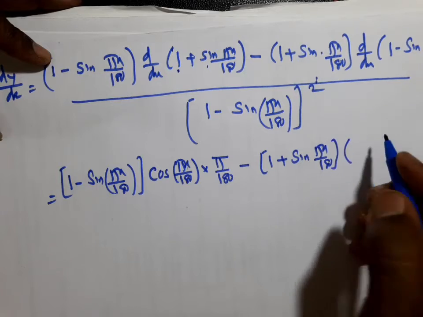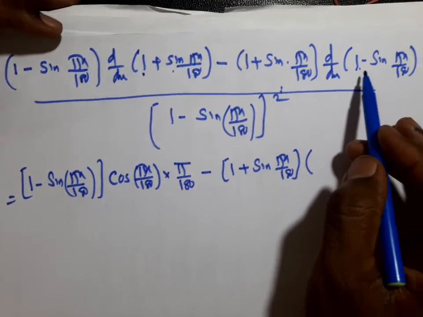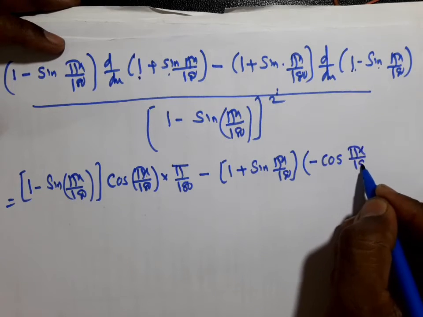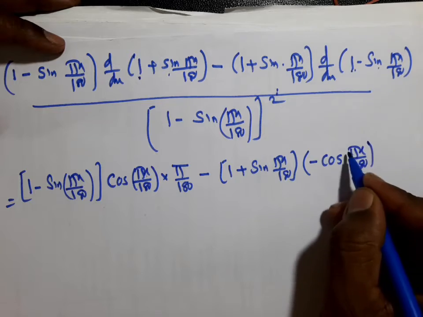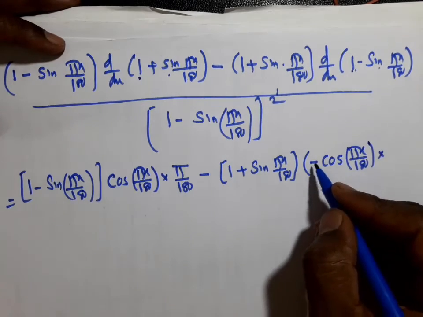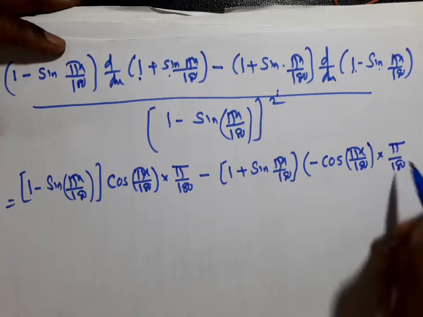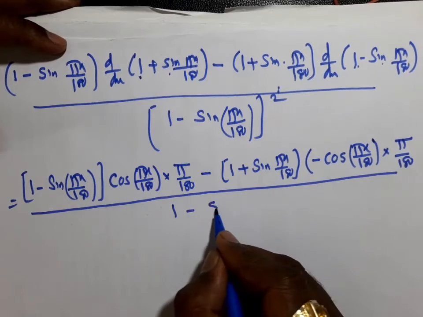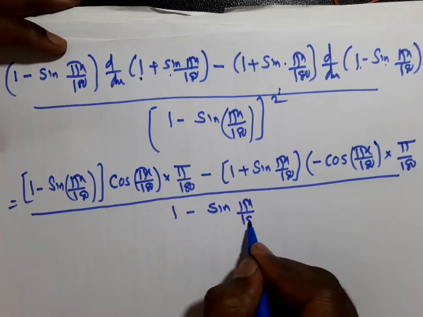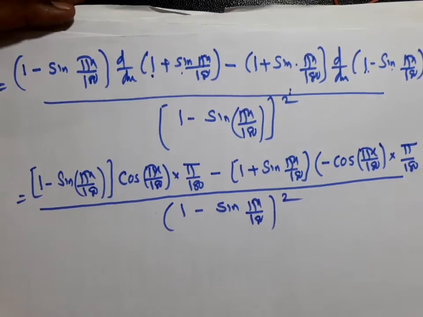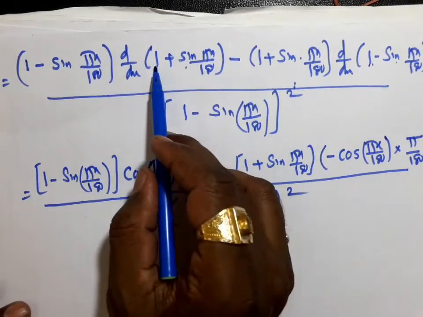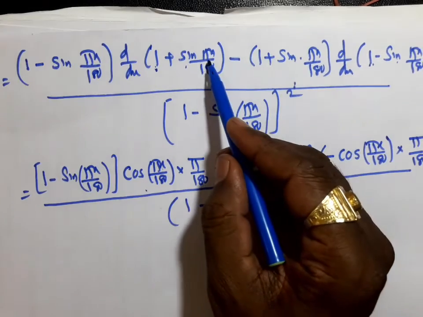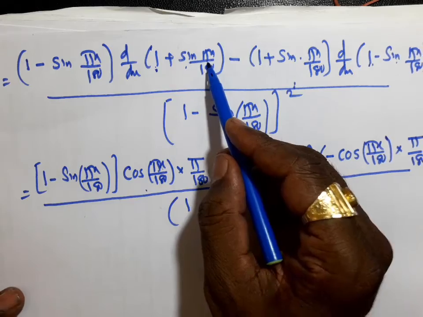Same here again: this is 0 and the derivative of sine is cos, so minus cos pi x upon 180 into pi upon 180, divided by (1 minus sine pi x upon 180) whole square. What is the chain rule? 1 is 0, sine is cos. But since it is not x, we should multiply by their derivative by the chain rule.